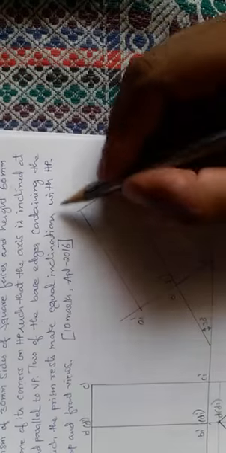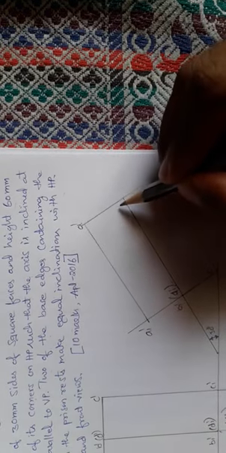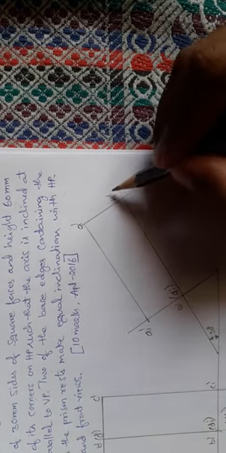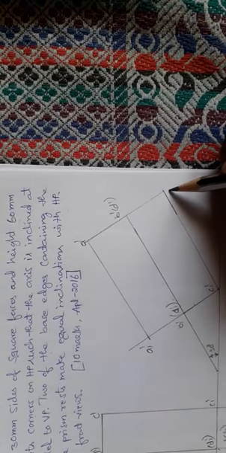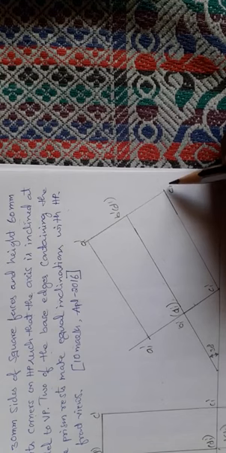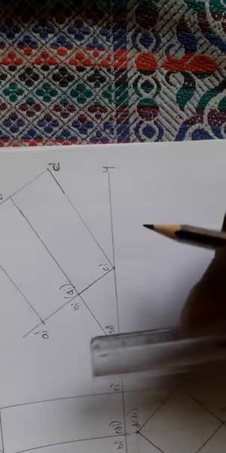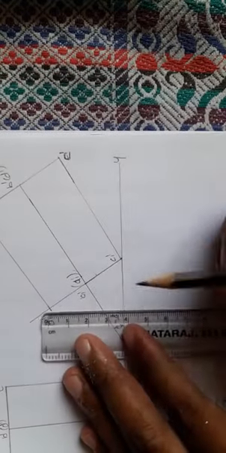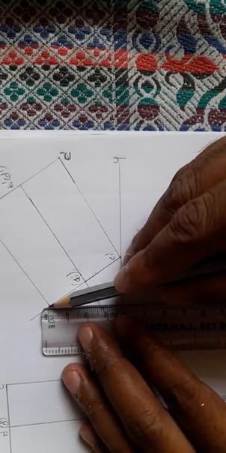Okay, and in the top view it is A1, B1 in bracket D1, and it is C1. Okay, and draw the vertical line from each corner.